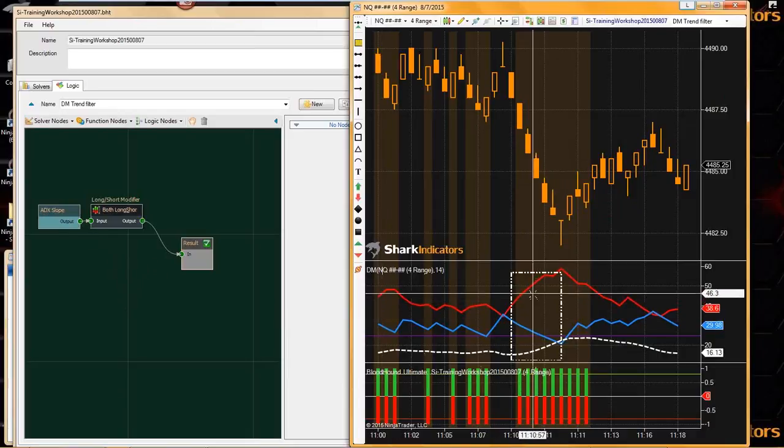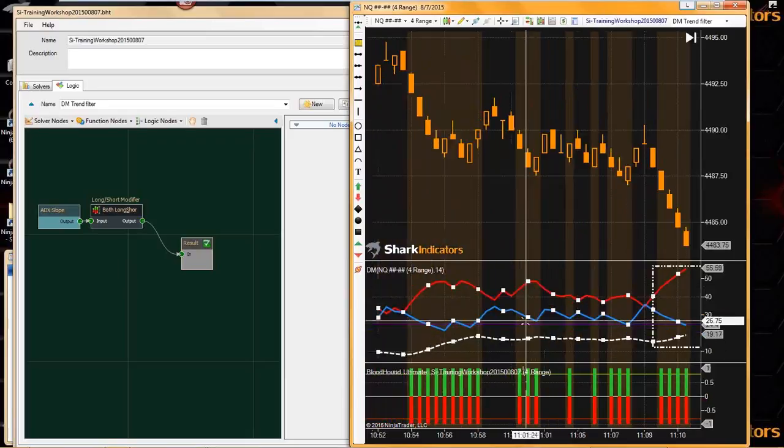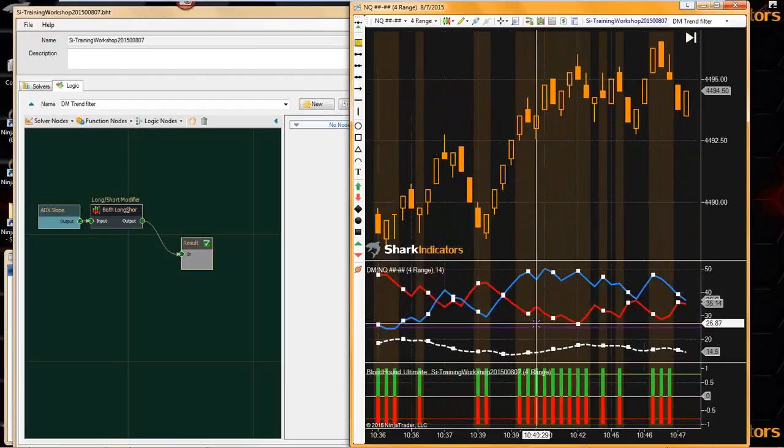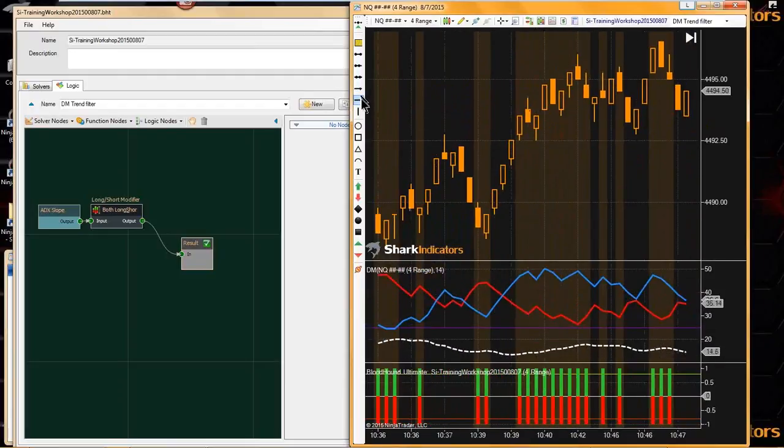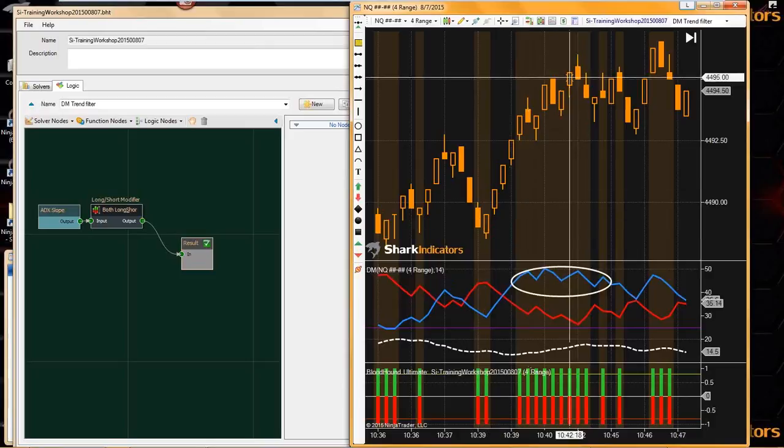Next step is we're going to analyze whether the DI minus is on top or the DI plus is on top. Let me scroll back a little bit. Here we can see the DI plus is on top. If the DI plus is on top, that tells us we're in an uptrend.